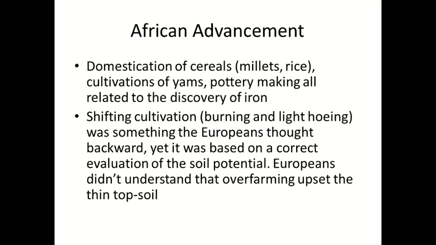A key thing is that Europeans tried to undermine the use of iron in Africa, or the capability of Africans to discover iron smelting and make iron independently. It was the discovery at Nok, which is now in Nigeria, that proved without a doubt that the independent discovery of iron smelting was made.